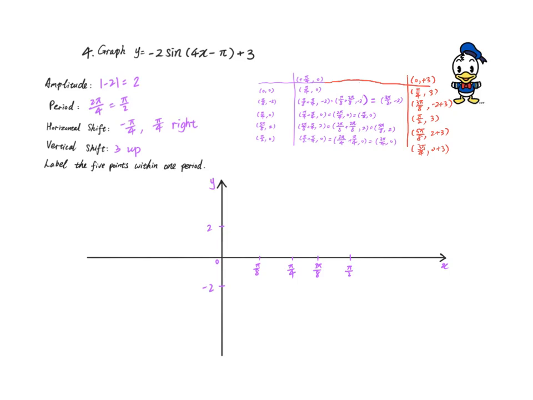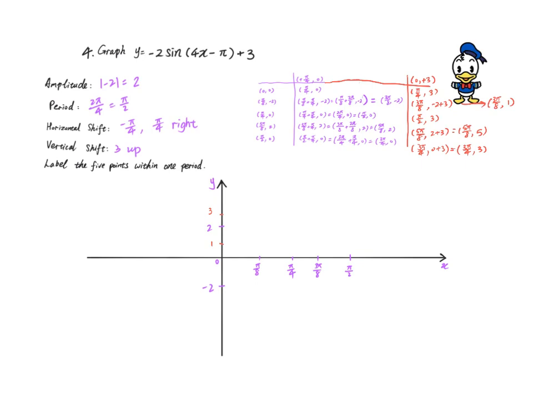The first one, we did not need to do anything. So the second point you actually have is 3 pi over 8 and 1. Next one, you don't need to change, and 5 pi over 8 and 5. Last number is 3 pi over 4 and 3. Now we can find these points. So pi over 4 and 3, well, we don't see a 3, so go ahead and label 3 on the y-axis. 1, 2, 3.